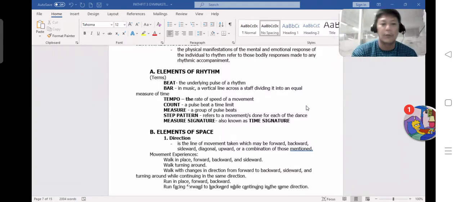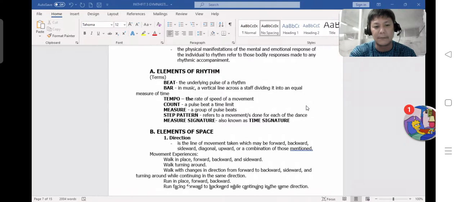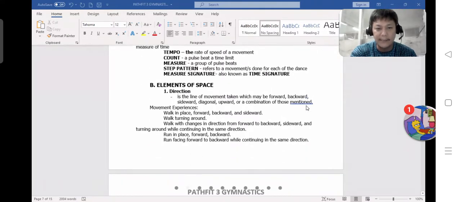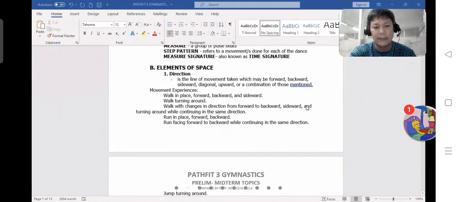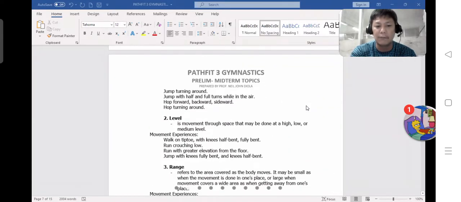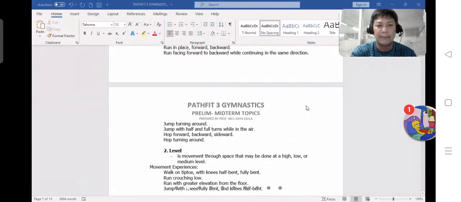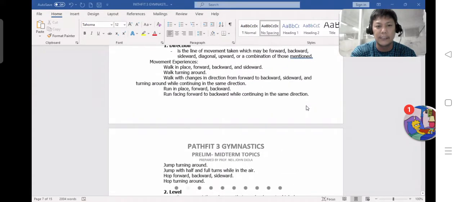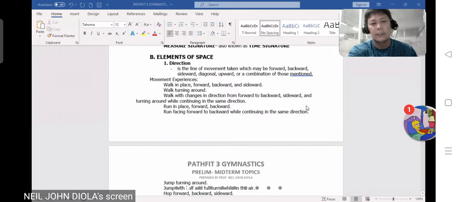Okay, so we will talk about now the element of space. When we talk about space, guys, it is more on the directions, the leveling, and the range of movement. First is the direction.